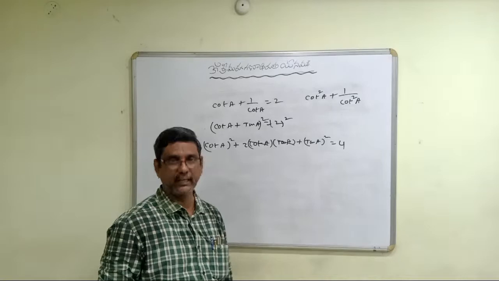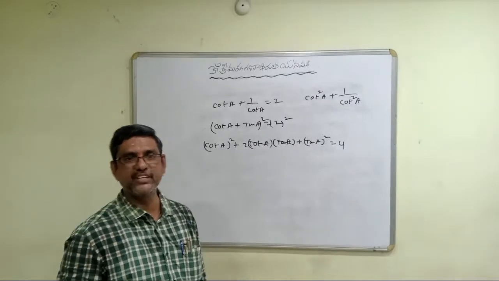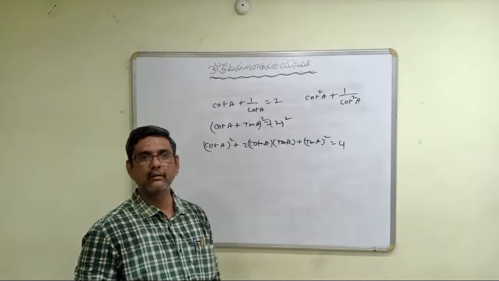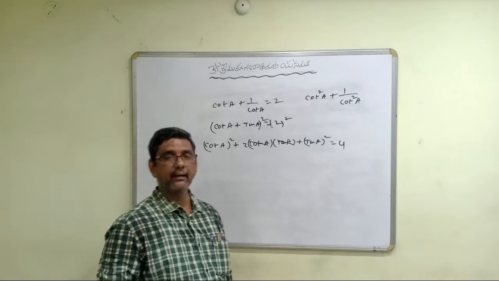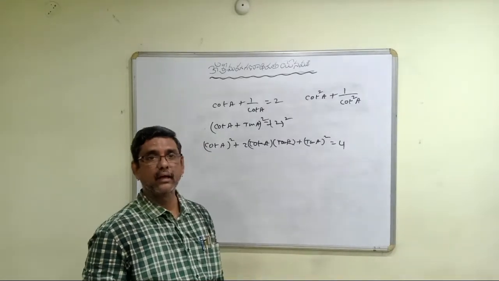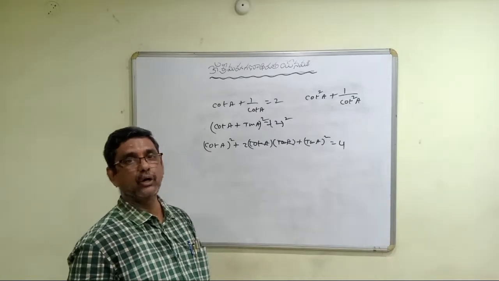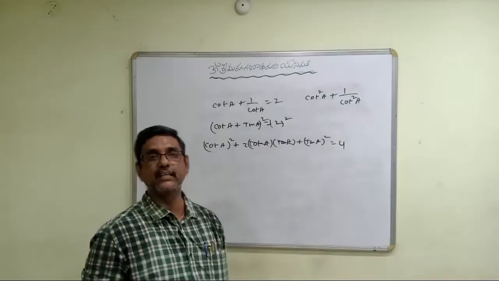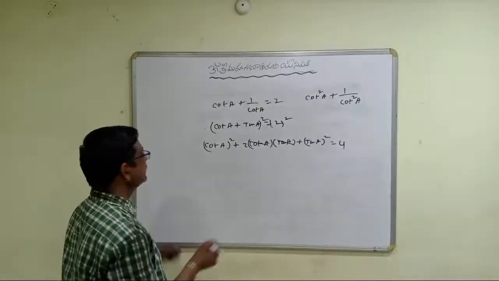Type in the chat. Sin A and cosecant A, right. Next, cos A and secant A. They are reciprocal to each other. In the same way, cot A and tan A are reciprocal to each other. So we can cancel them. Is that right? So what is left?